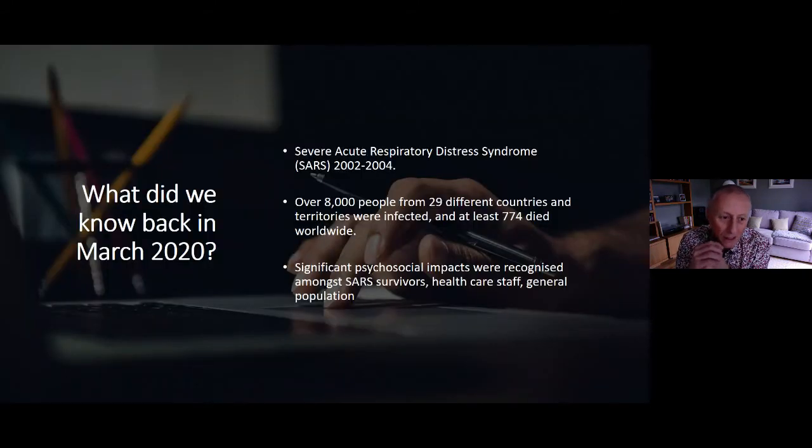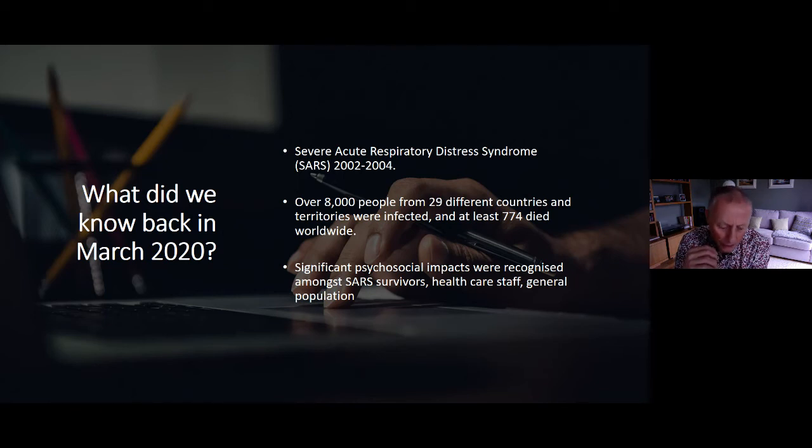So thinking back to March 2020, what did we know at that time? Truth be told, I don't think any of us could have fully appreciated where we were and what was really about to happen. I remember looking at the literature to find out if there were any clues about COVID, and particularly around its mental health impacts.